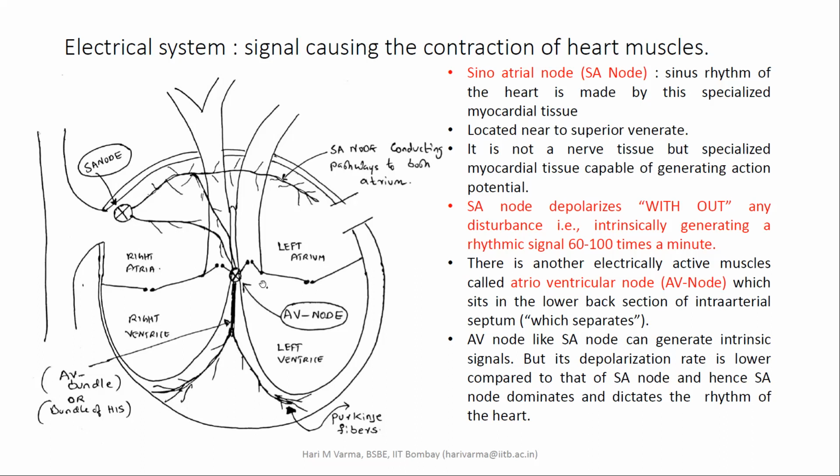But then another thing is that although there are branches that are going to this myocardium, you may think that these signals can actually pass through the myocardium and reach out through the surface to the ventricle so that it can cause contraction. But that will not happen because of the septum. As I told you, you consider this as two hemispheres.